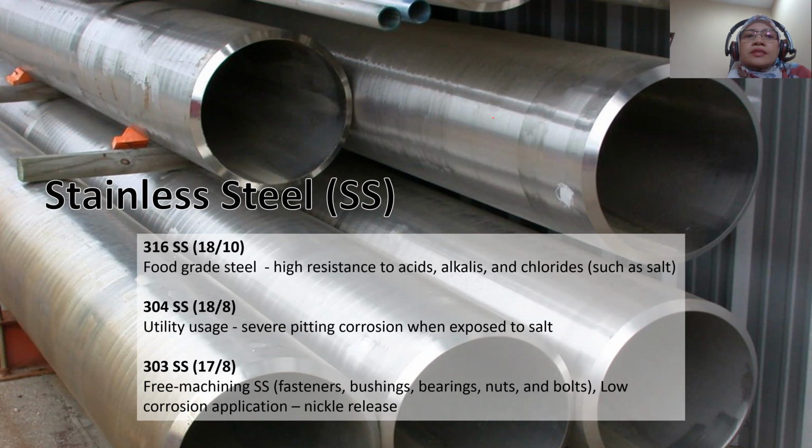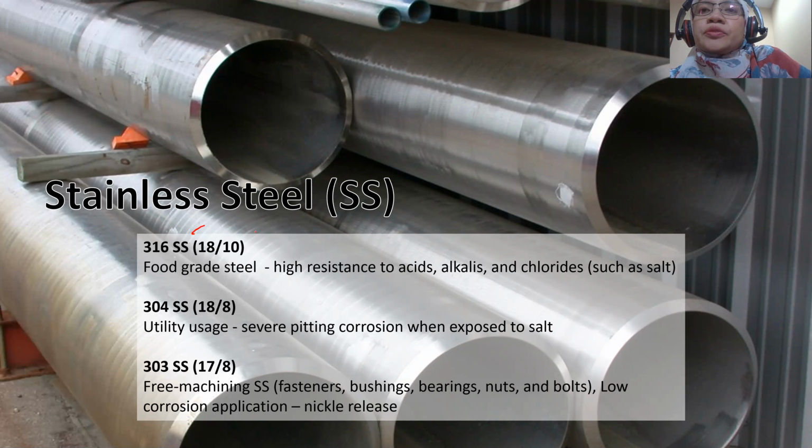The American Iron and Steel Institute, AISI, 300 series stainless steel is commonly recommended for food contact surfaces. And 3A sanitary standards require 316 stainless steel with the ratio of 18.